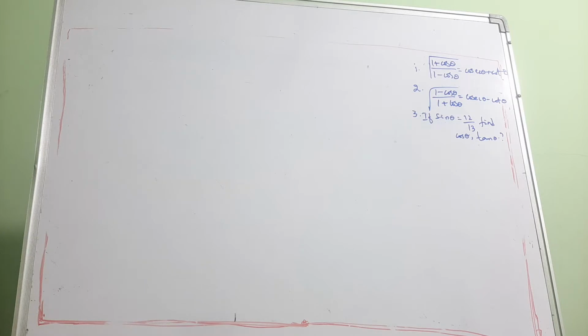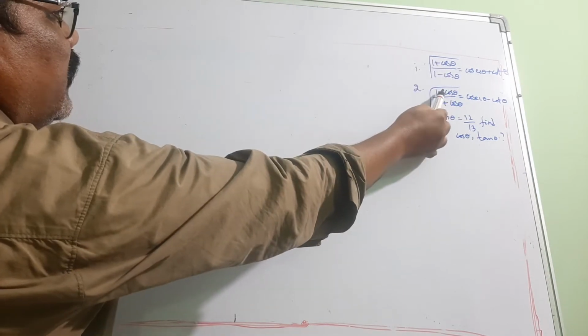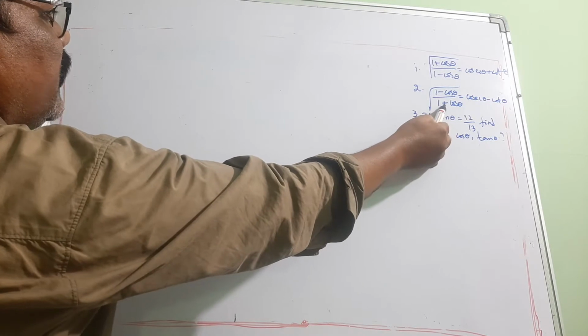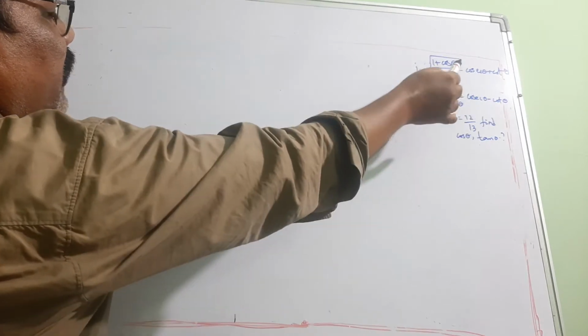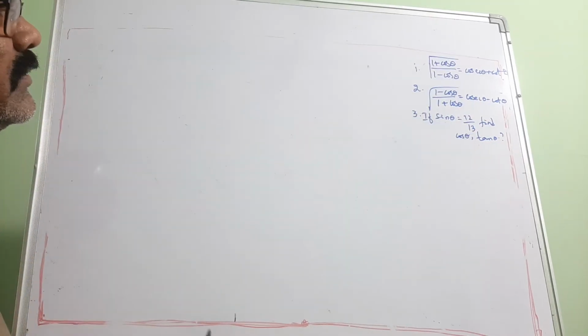What is the difference between the first one and the second one? Here the numerator has plus and the denominator has minus, here it is the other way around. There we proved with a plus sign, here we get a minus.